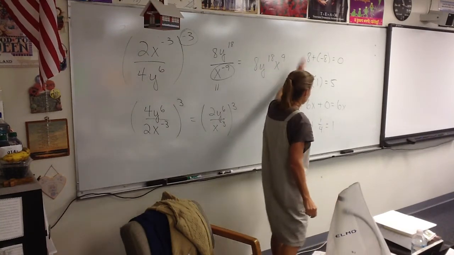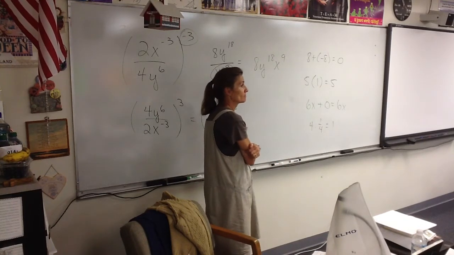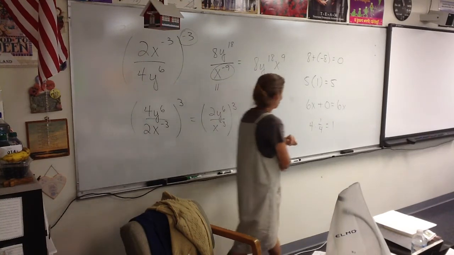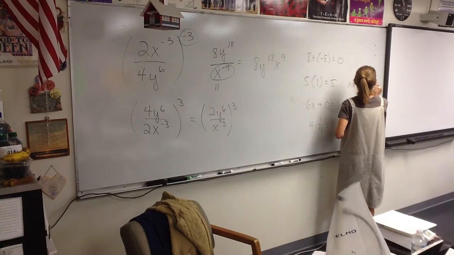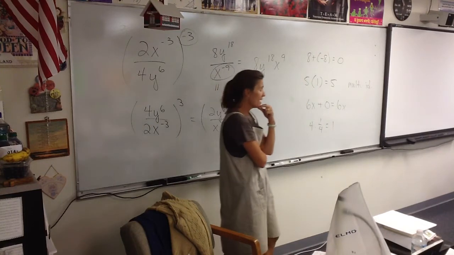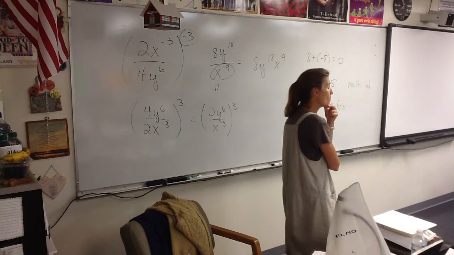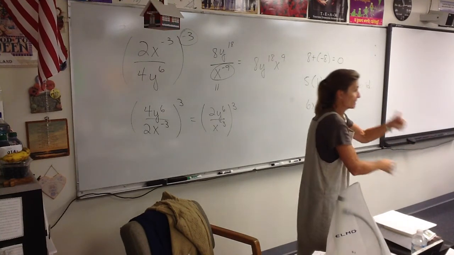Any of them? Do you recognize any of those properties? 5 times 1 equals 5 is the identity property of multiplication. That's right, it's the multiplicative identity, or the identity property of multiplication. It doesn't matter how you say it. When you multiply by 1, you get back the identical thing.